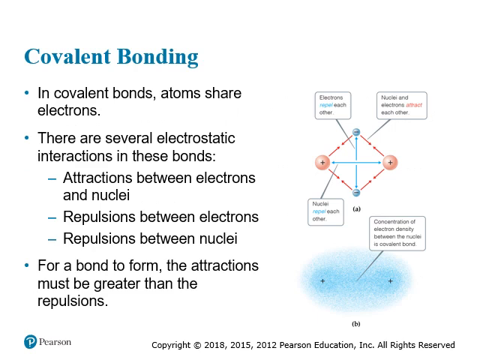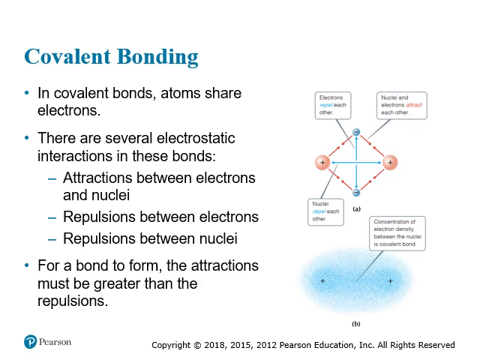Now, a good portion of our discussion is going to be focused on covalent bonding. In covalent bonding, we see atoms sharing electrons. So I want you to imagine two atoms in close proximity. On the exterior of these atoms, we're going to find the electrons.